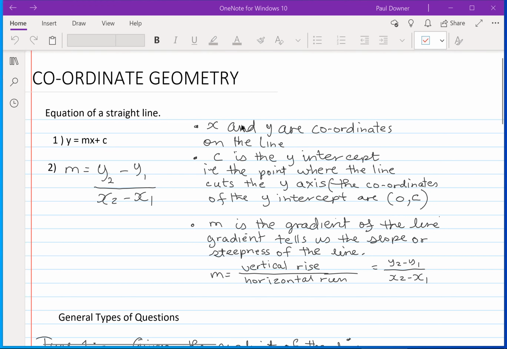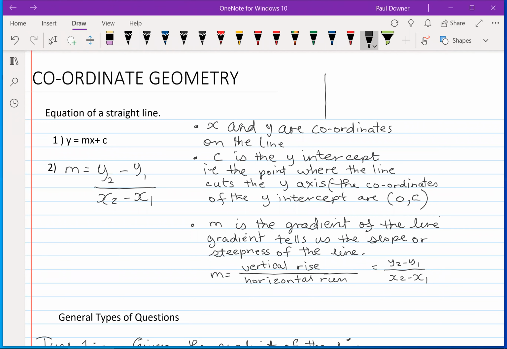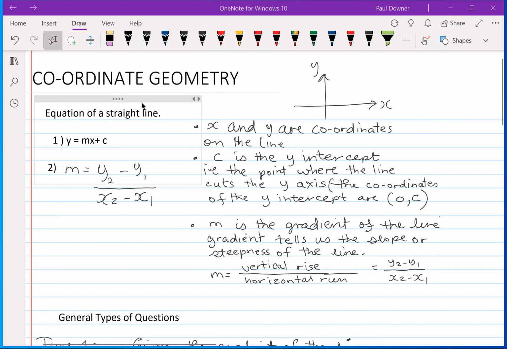So if I just draw something quickly here for you, I'm drawing a y-axis and an x-axis. If I draw this line here like this, that line is going to intersect the y-axis at this point here that I'm circling.